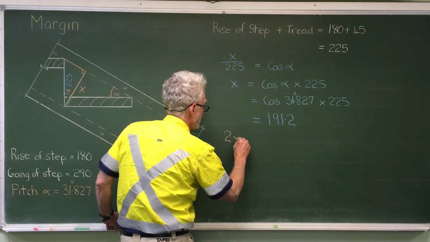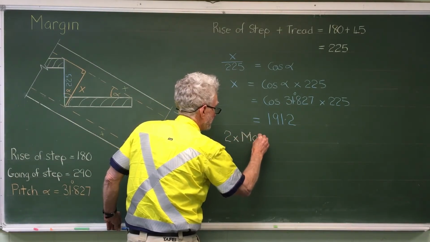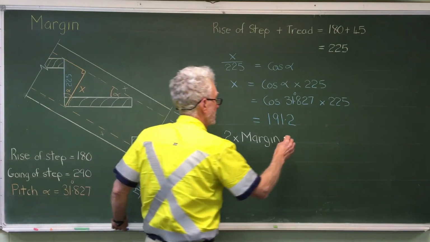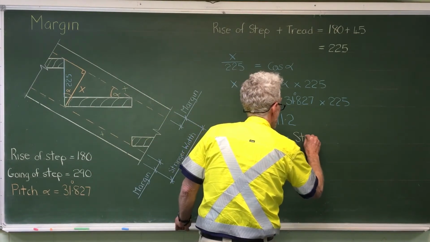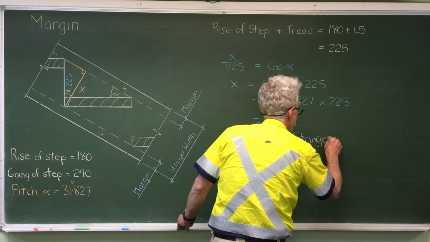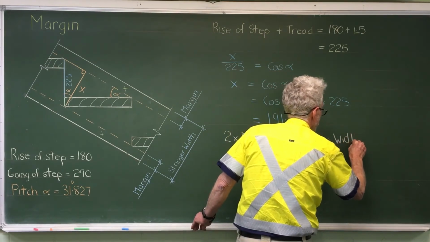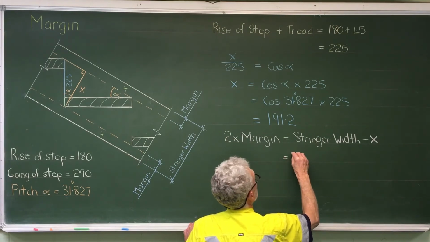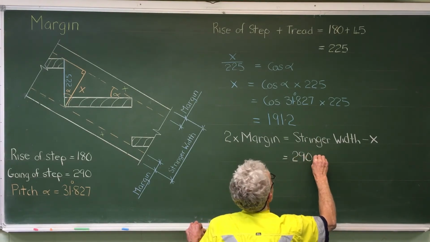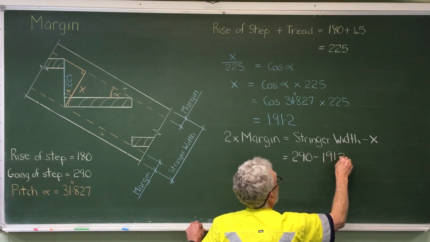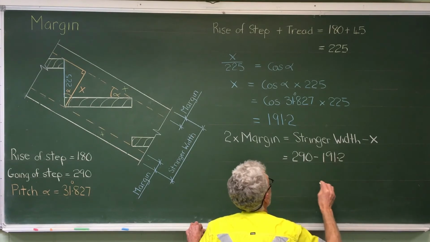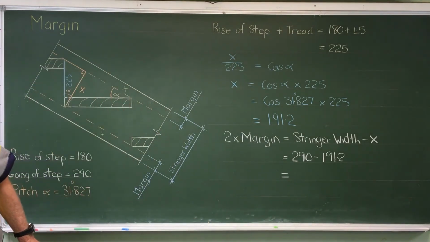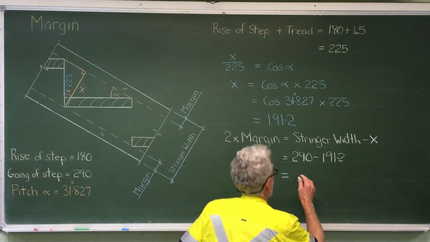So 2 times the margin equals the stringer width minus x, equals 290 minus 191.2, which gives me an answer of 98.8.